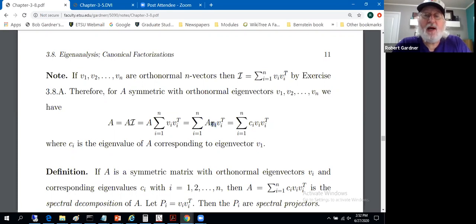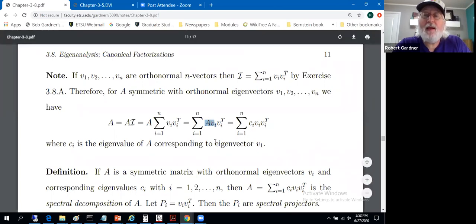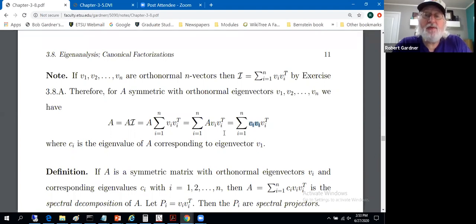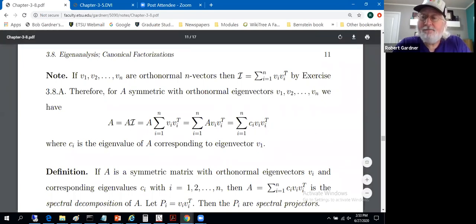V sub I is an eigenvector of matrix A, so A times V sub I is the same as C sub I times V sub I. That's what eigenvector means. So we can replace A V sub I with C sub I V sub I. And we can write matrix A as a sum involving eigenvalues C sub I and outer products of the corresponding eigenvectors, V sub I's.